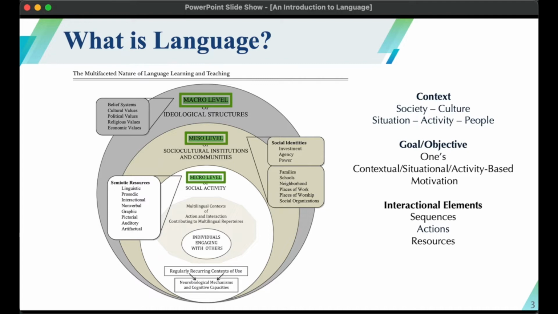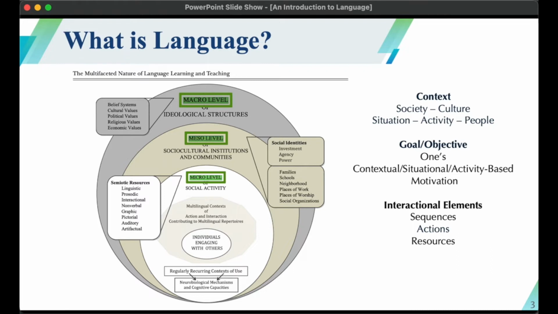Third, interactional elements. Within a given context, situation, activity, with one's goal, objective, interaction entails many elements. To start, sequences of talk, which focus on certain conversational aims, such as starting the conversation, setting up an idea, making a counterpoint, addressing misunderstandings, etc. And of course, closing the conversation.